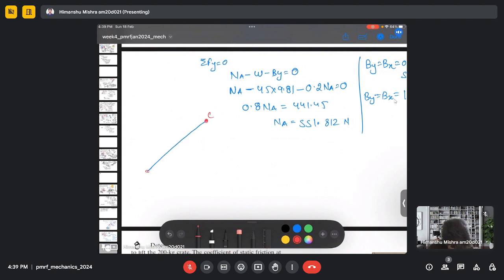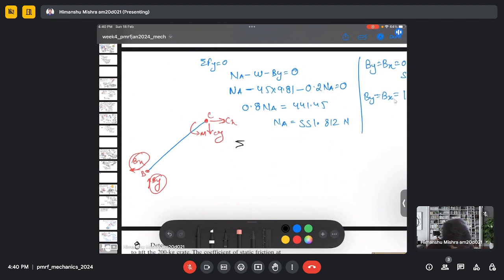This is C, this is P. And this is my Bx, and this is By, which are equal to each other. Now if I do the moment balance at point C, then we will have a moment due to By and Bx. And we can easily calculate the external unknown moment.